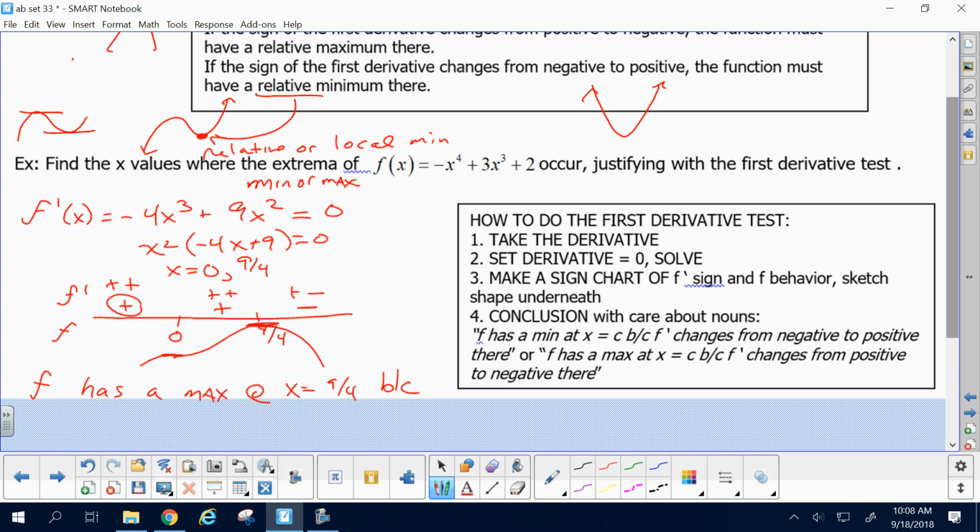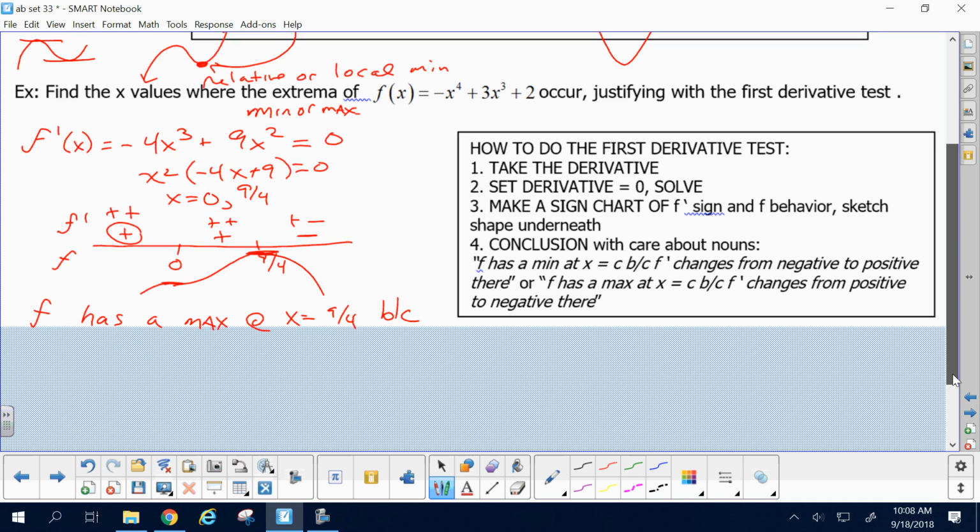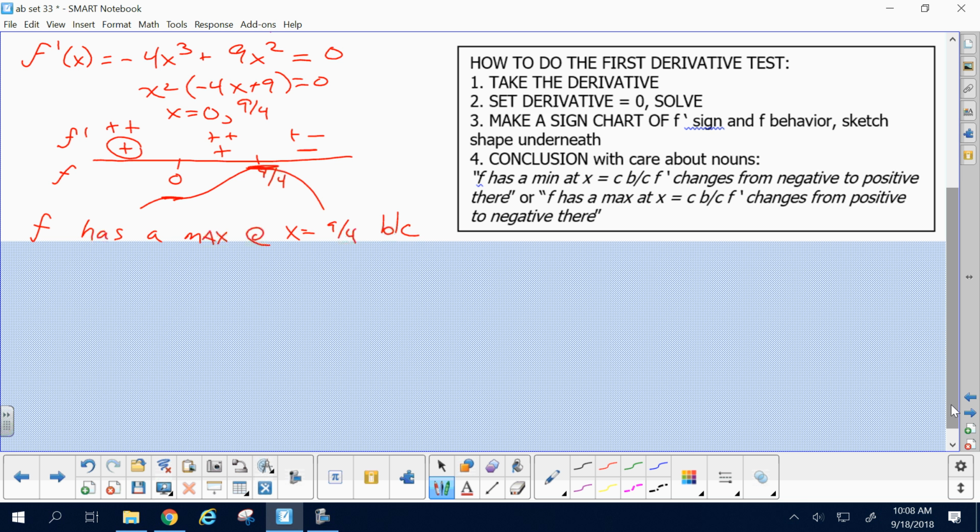We're satisfying the theorem. The first derivative test says that if the sign of the first derivative goes from positive to negative, the function must have a relative max there. Your evidence then would be f has a max at x equal 9/4 because f prime changed from positive to negative.